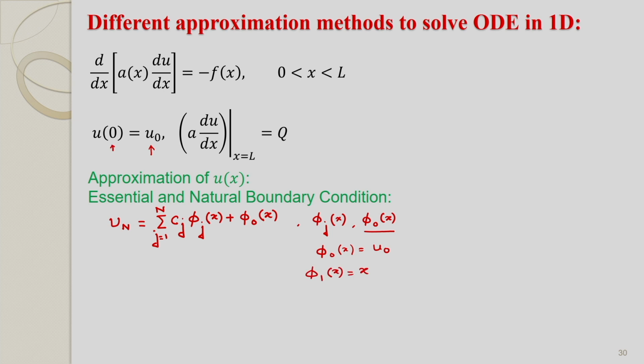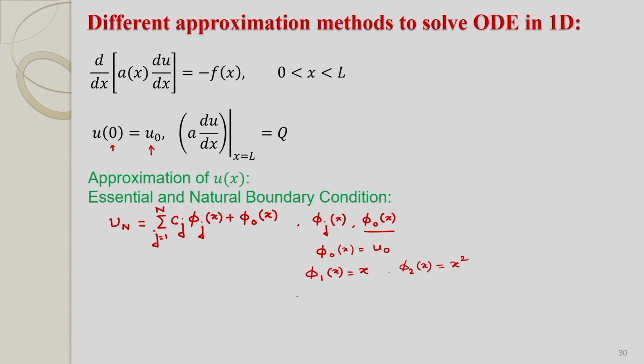So, phi j x should be such that at the essential boundary condition point its value is 0. Here the essential boundary condition point is 0. So, I have chosen phi 1 x which is x, so that is 0 at x equal to 0. We can select phi 2 x as x square.